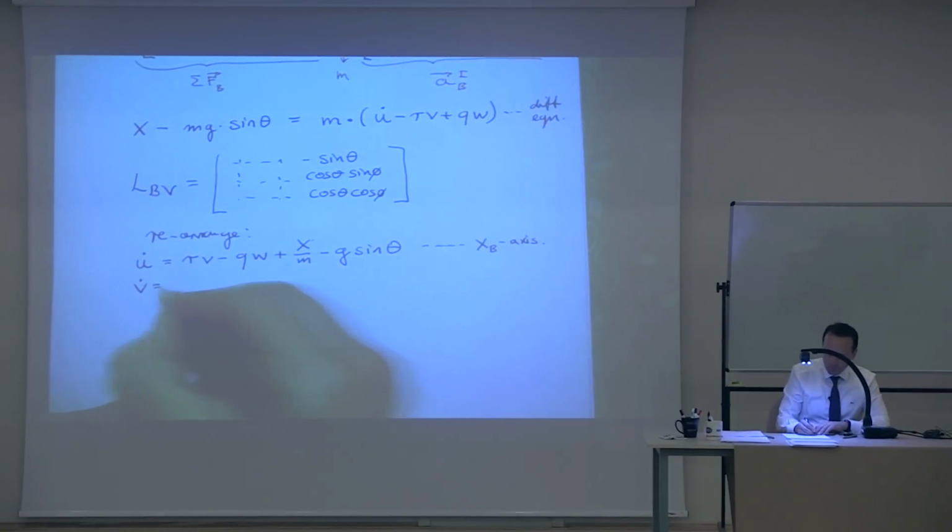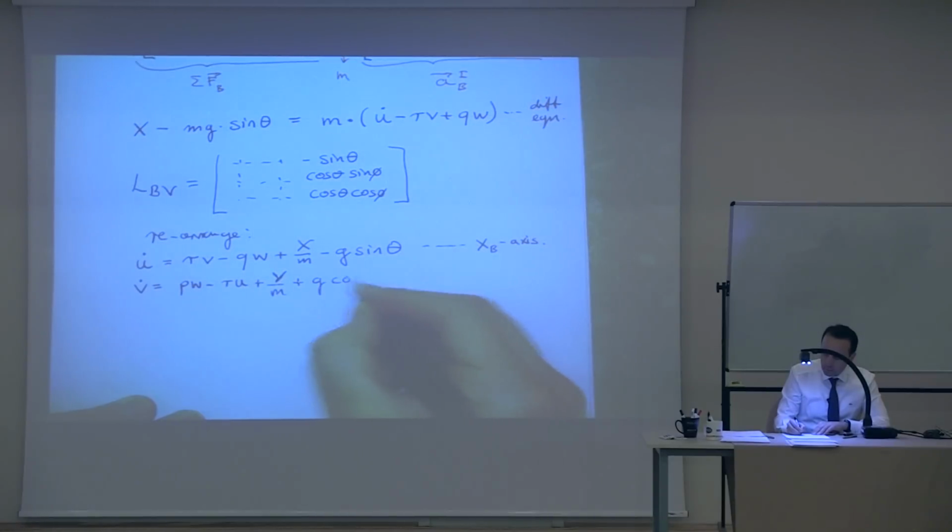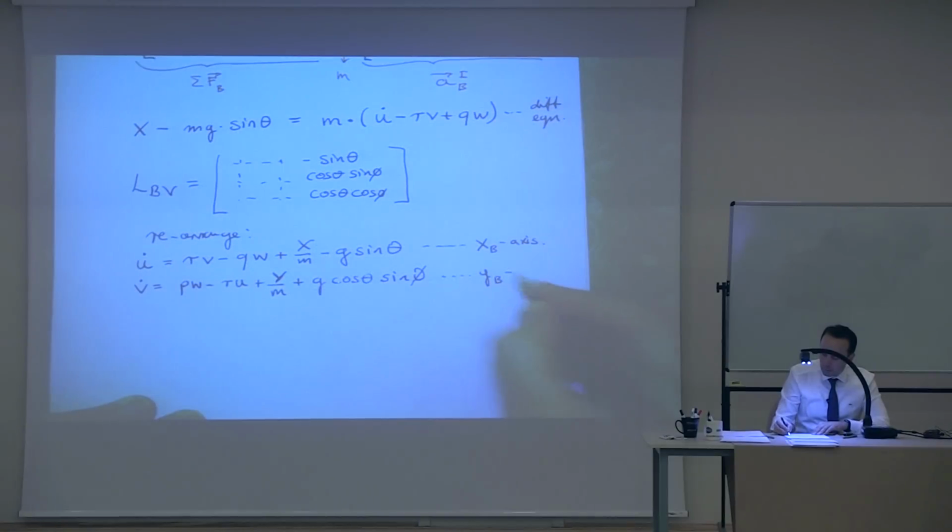V dot is equal to PW minus RU plus Y divided by m plus g cos theta sine phi. This is in the y body axis.